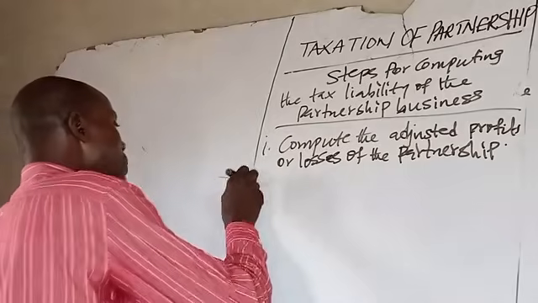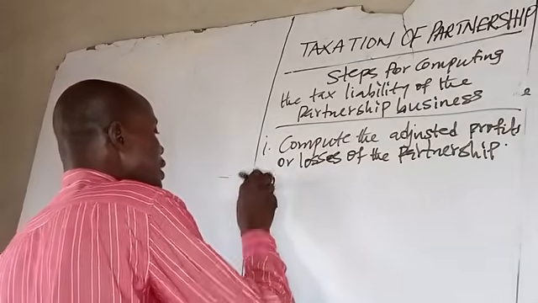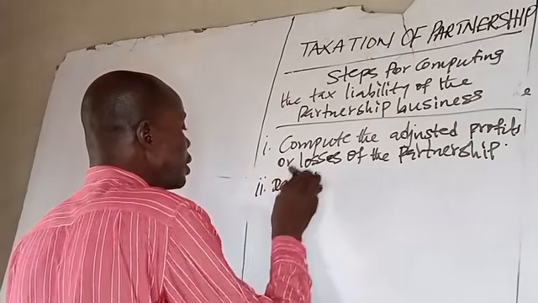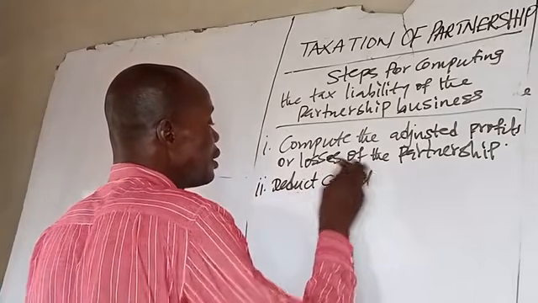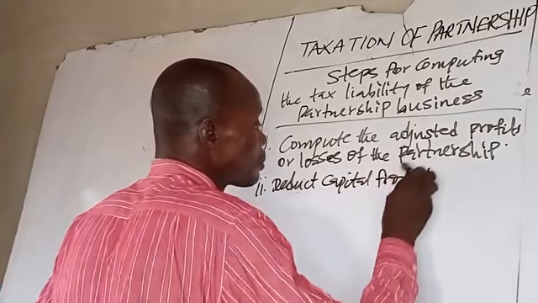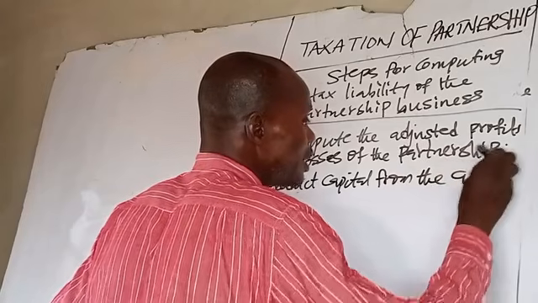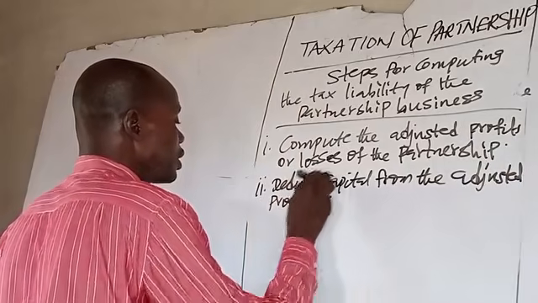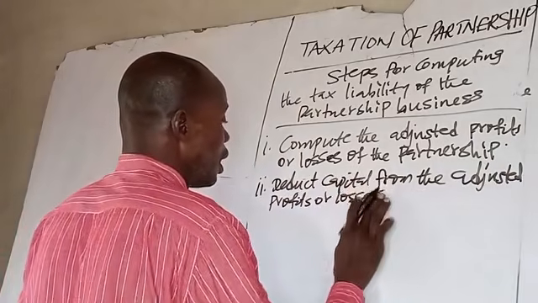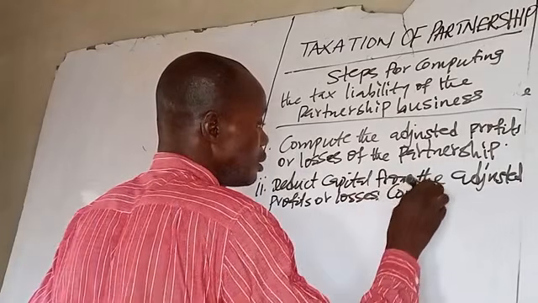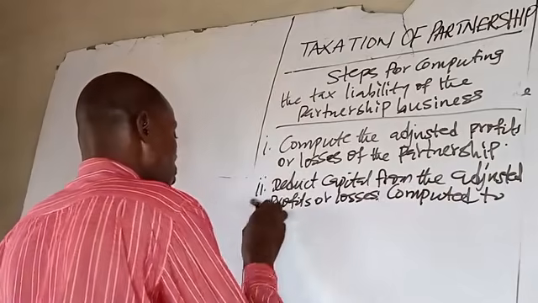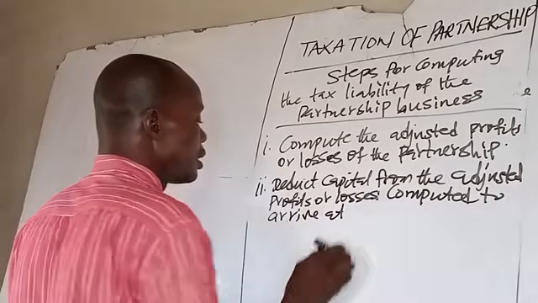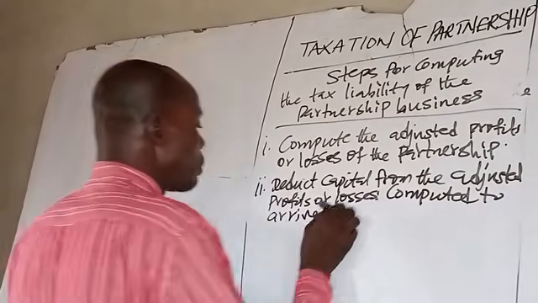Then you deduct your capital allowance from the adjusted profit or losses computed to arrive at distributed or distributable profit.